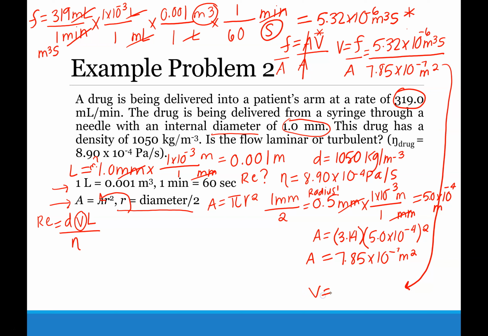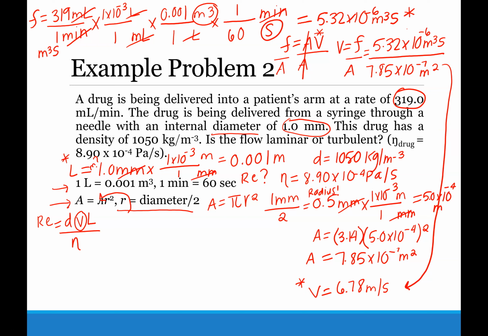Velocity equals 6.777, or 6.78 meters per second.